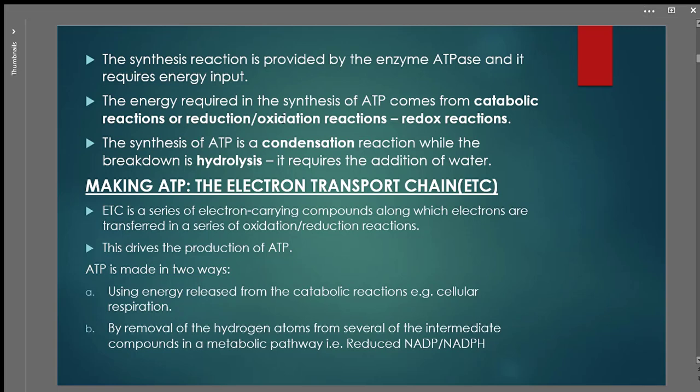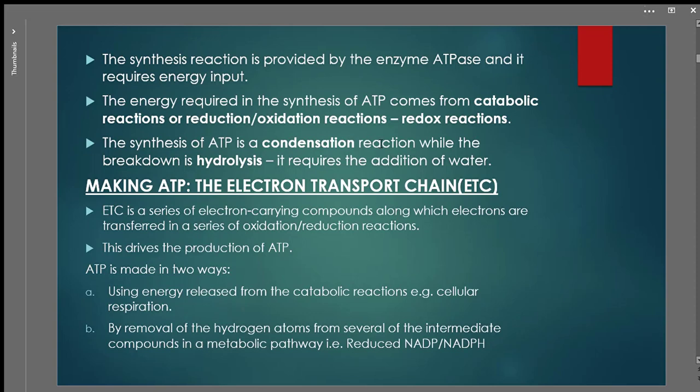Those are what we refer to as redox reactions, and they are majorly facilitated by what we refer to as hydrogen acceptors or electron carriers. Now, the synthesis of ATP is a condensation reaction, while the breakdown is hydrolysis, because hydrolysis requires the addition of water, while the condensation reaction involves the release of water molecules.